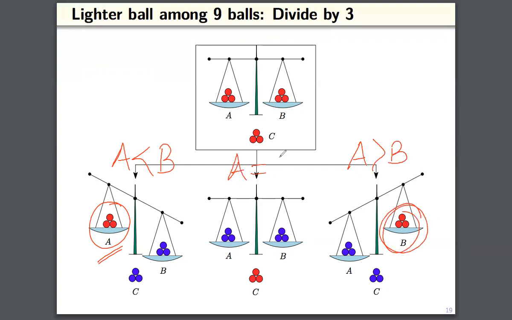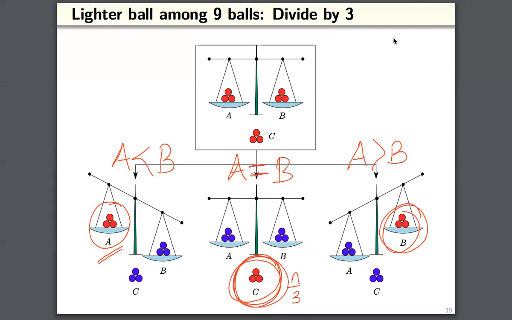If A is equal to B, in the previous algorithm, there was no recursing, right? It was just one ball. You can directly print the answer. But here we recurse on C. In the previous algorithm, C had at most one ball. But here, C can have at most n by 3 balls, right?